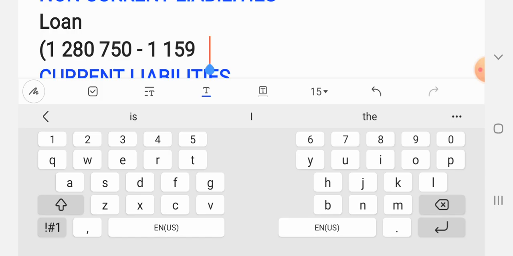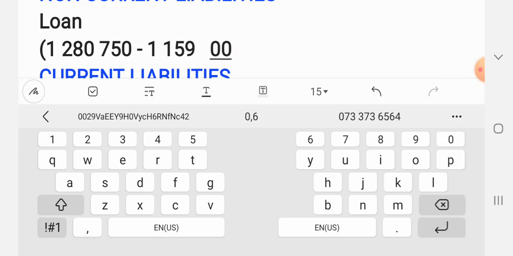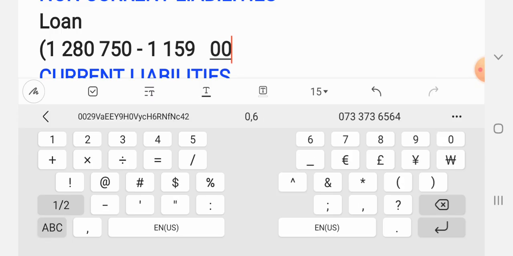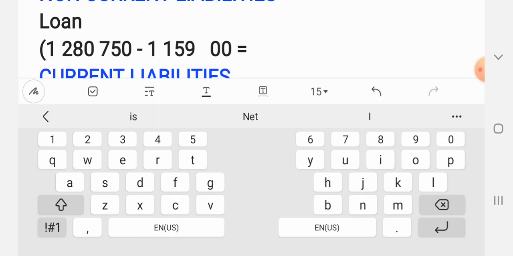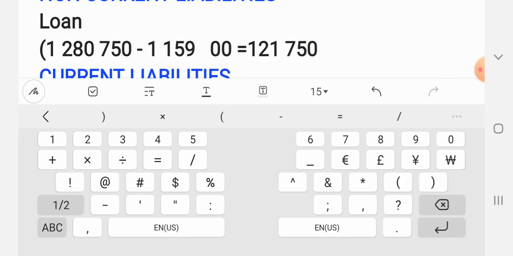And when you subtract them, they will give you 121,750. Then you add the 10% increase to 121,750.